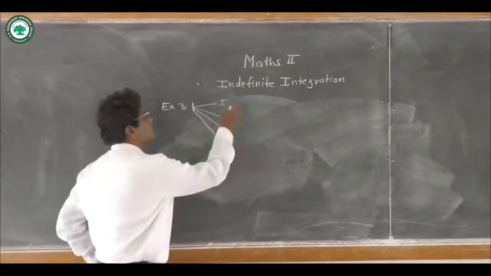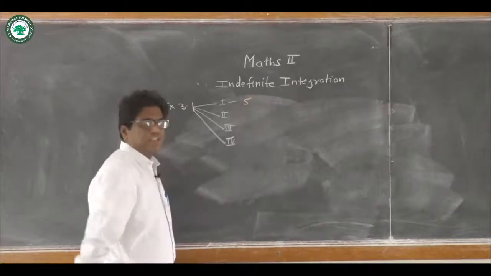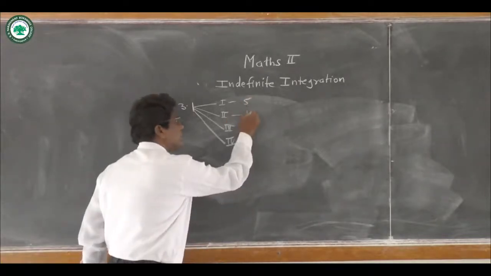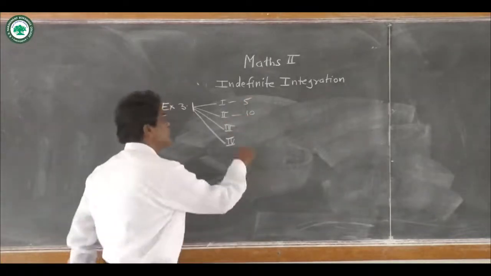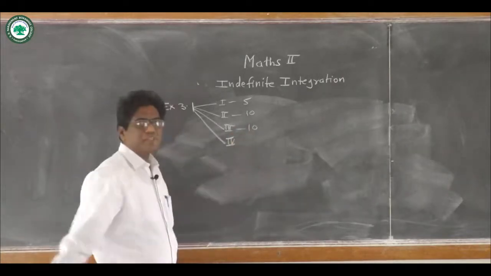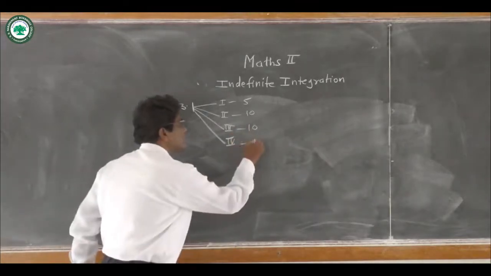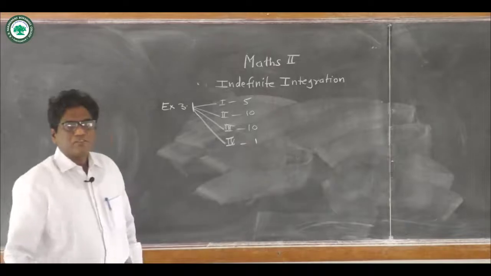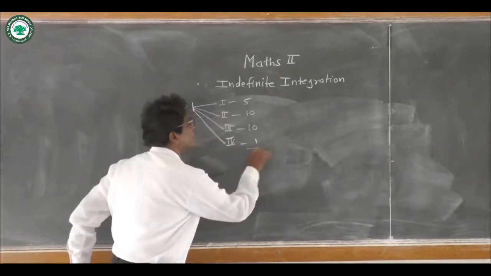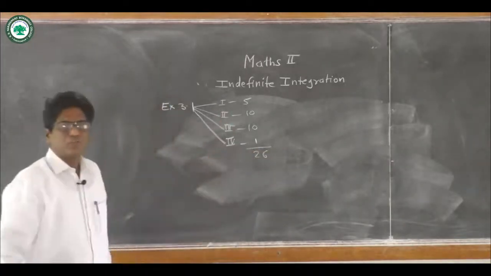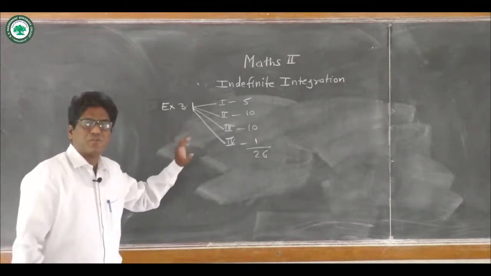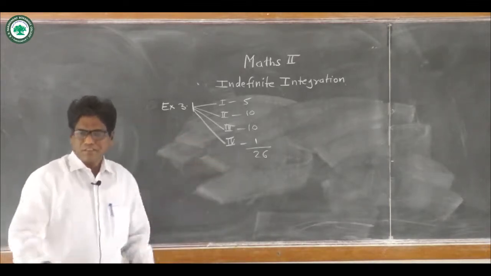In question number first there are 5 problems. In question number second there are 10 problems. In question number third there are 10 problems. In question number fourth there is 1 problem. So totally there are 26 problems. We see these 26 problems one by one.